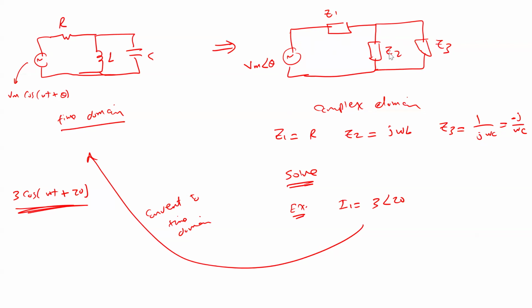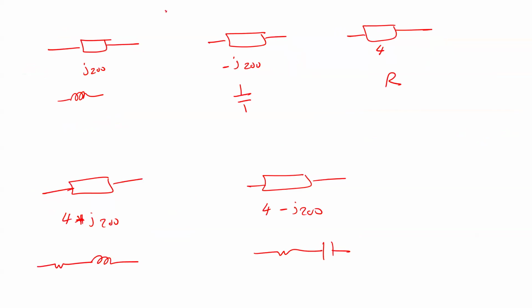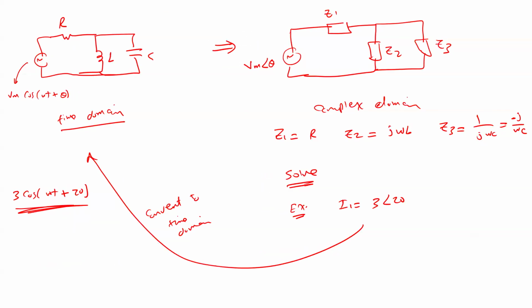Impedance is like a resistor, similar to when we had V equals IR before. Now V is equal to IZ, in the complex domain, whatever Z is.